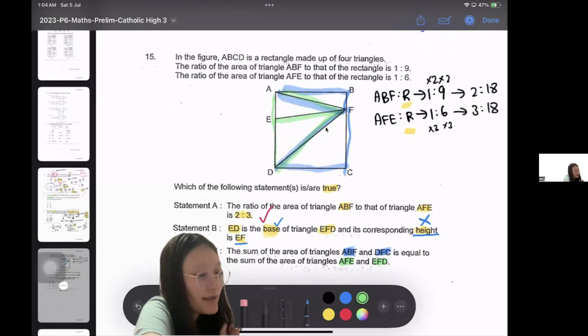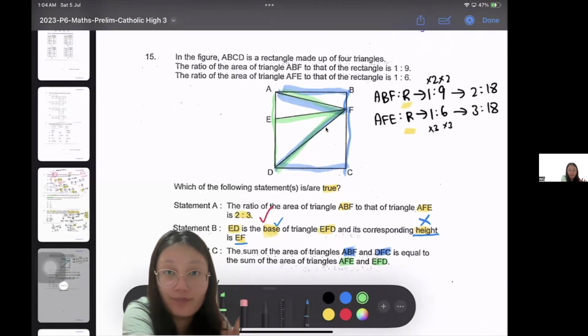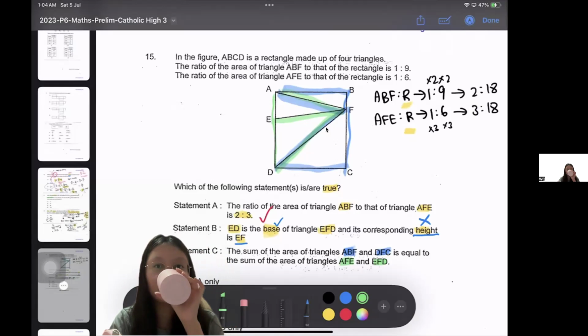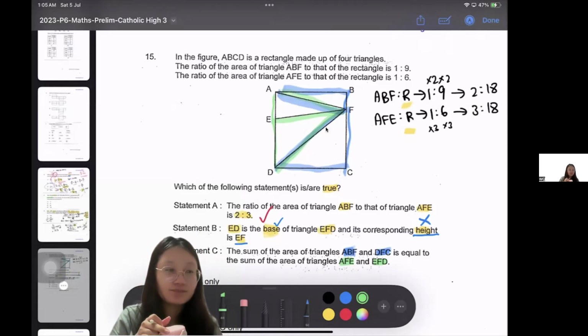So they're asking us, is it exactly half of the rectangle? Is the area half of the rectangle? Okay, so what you need to do is actually look at the height and the base of the triangle. Okay, let me just simplify this, okay?